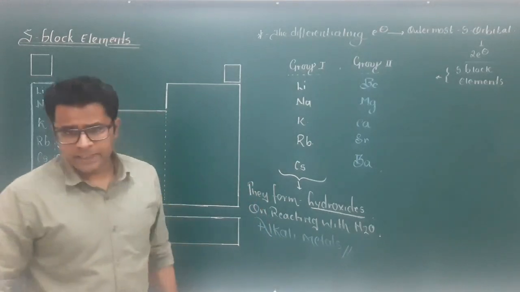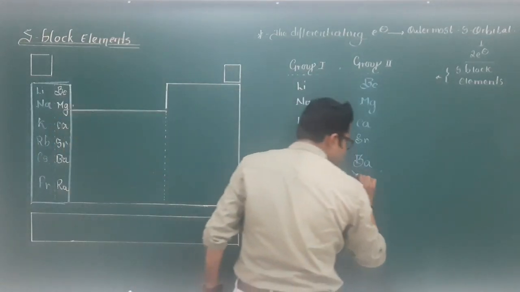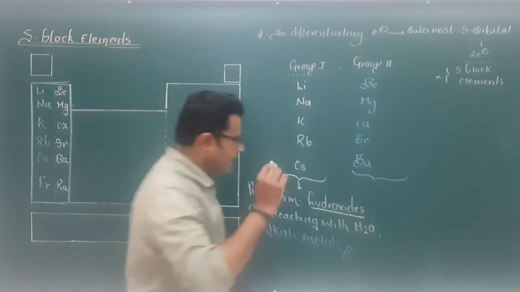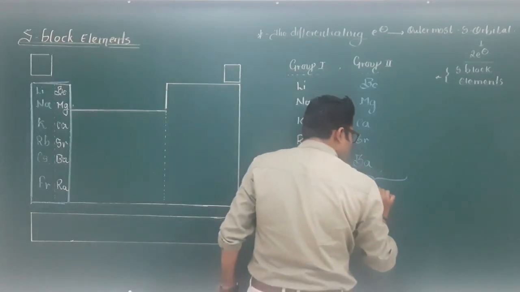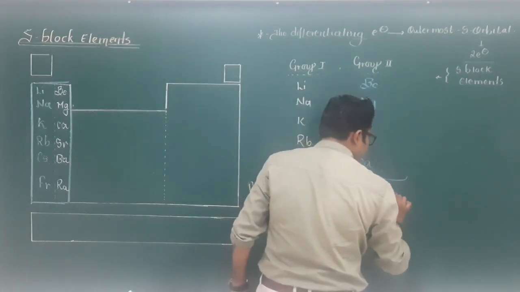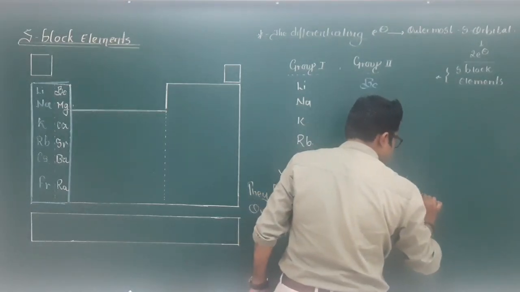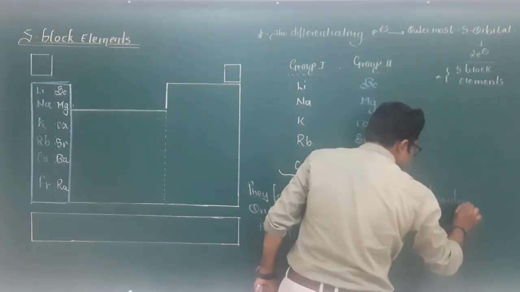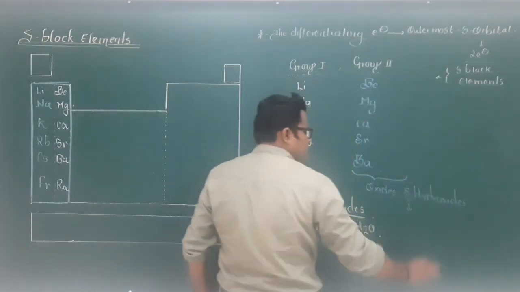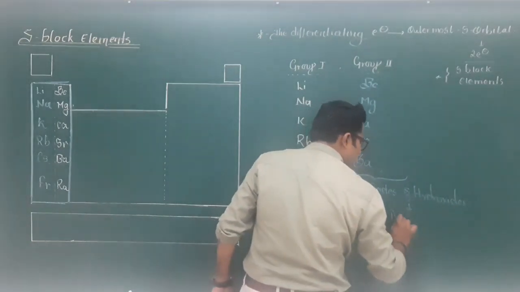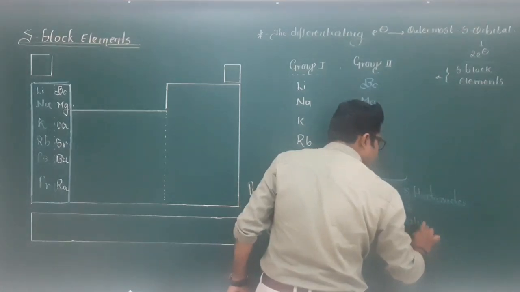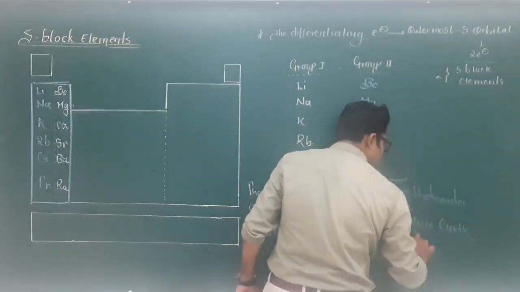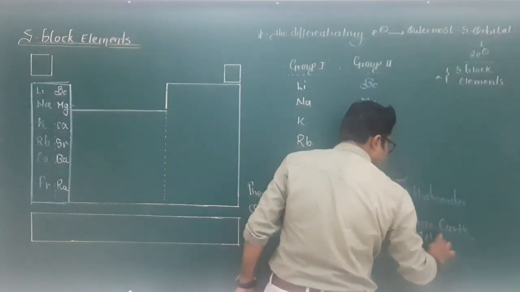These elements on reaction with water have the capacity to form oxides and hydroxides, due to which we call them alkaline earth metals.